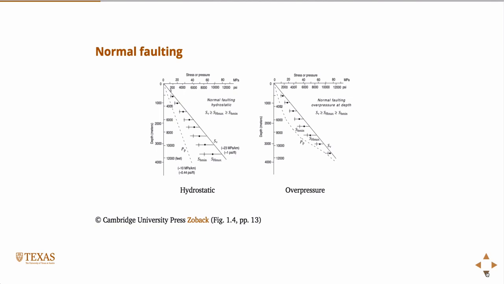For a case of overpressure, hydrostatic is defined as if the pore pressure were just a column of water, then a scenario of overpressure is defined as anything more than that, but approaching the vertical stress. So the pore pressure can also never be greater than the vertical stress. I mean, if it did, then the Earth would just be floating, right?